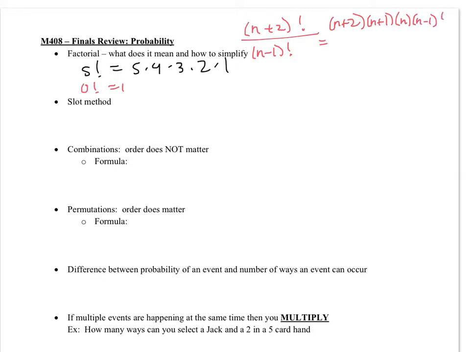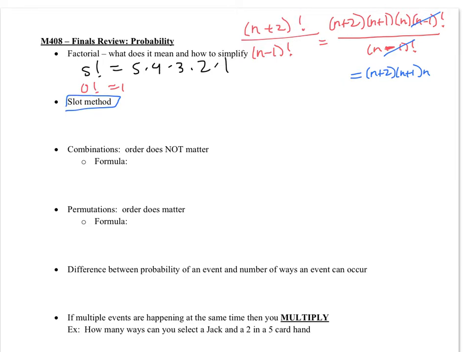Once we get a match, we put an exclamation point on the end. Oops, that should be a minus. And then both of these will cancel, and we are left with (n plus 2)(n plus 1)(n) for our answer.